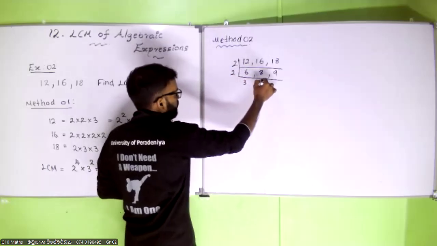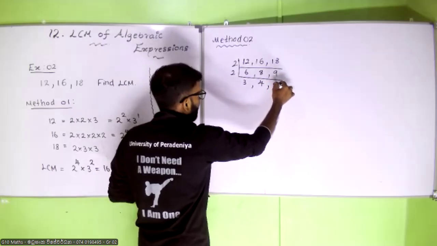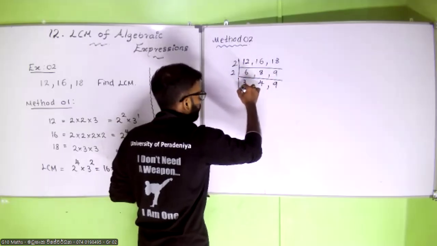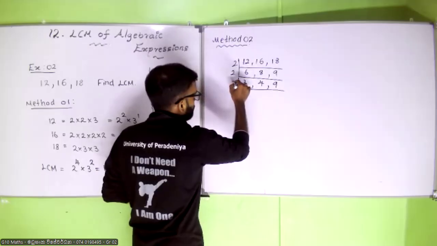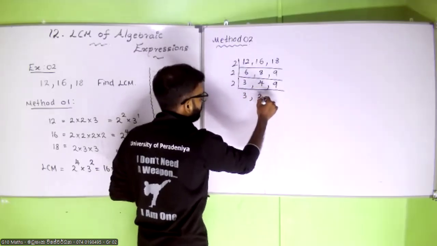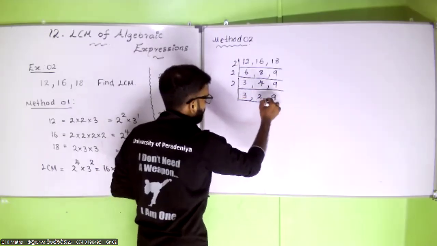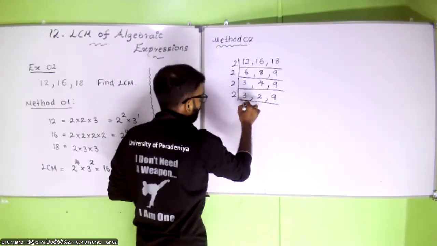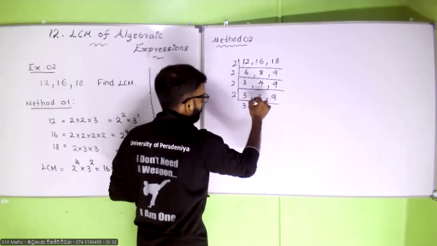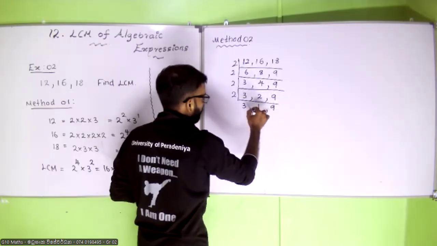Then 2 times 3, 2 times 4. 9 cannot be divided, so we write it as it is. 4 can be divided by 2. Write 3 as it is. 2 times 2, 9 cannot. Again 2 can be divided, 2 times 1, and write 3 as it is. 9.